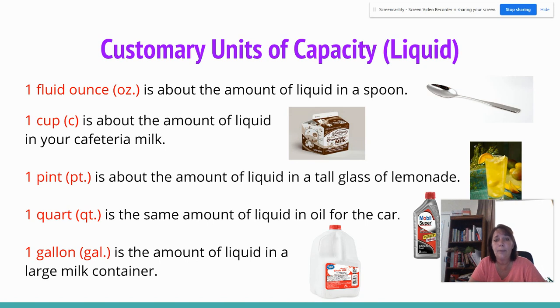I always get the big gallon of milk. So ounces are smaller than cups, that are smaller than pints, that are smaller than quarts, and then gallon is the biggest one.